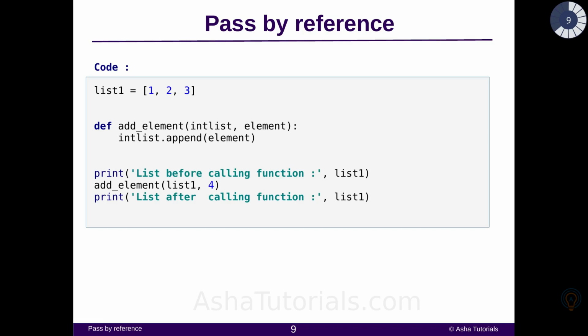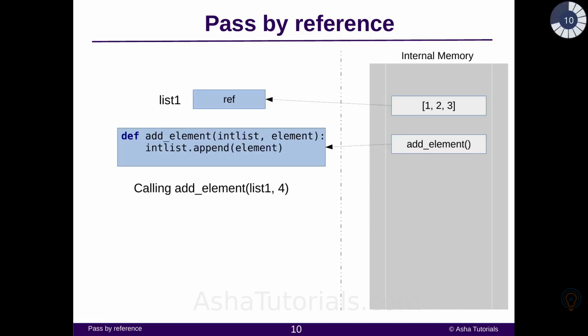Okay, now let's see what happens if we use a mutable object and pass it as an argument of a function. So what happens inside the memory? As we can see, the list object is defined at the module level, and this is the function, and let's call it. So when we are calling the function, we are passing the memory address of that particular object.